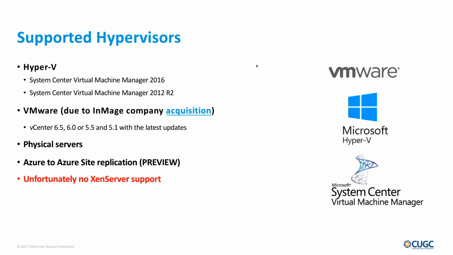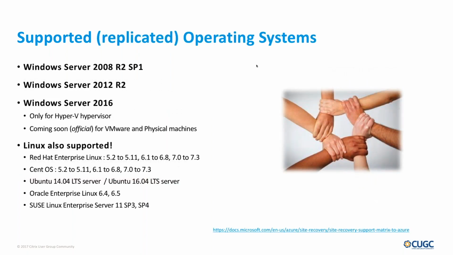So let's move on. Supported replicated operating systems. To replicate your virtual machines, it is required to have the following operating systems active on that virtual machine. The first one is Microsoft Server 2008 R2 SP1. That's the starting point.